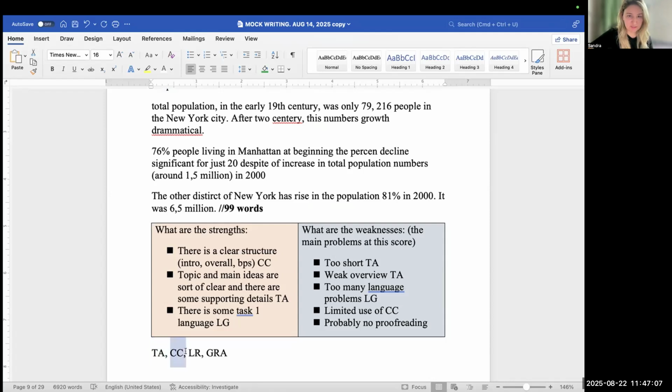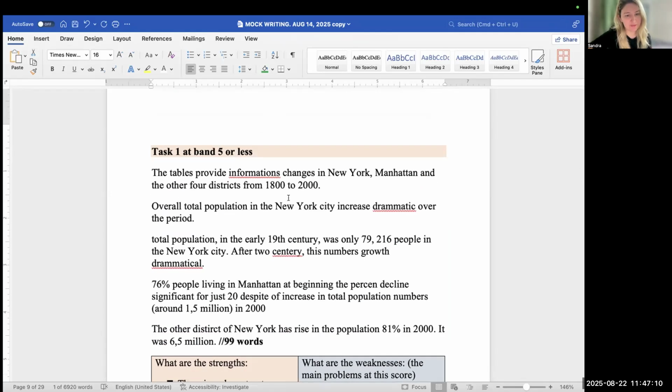And cohesion and coherence is not organizing, first of all, the chart properly in that logical order and making it easier for the reader to follow.